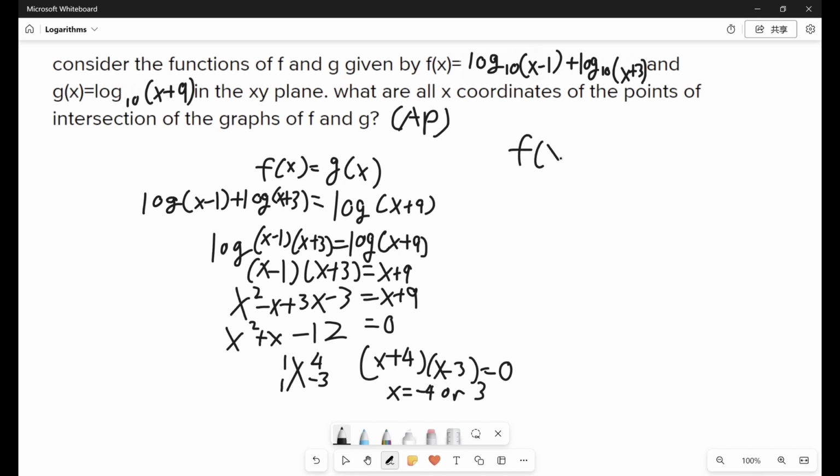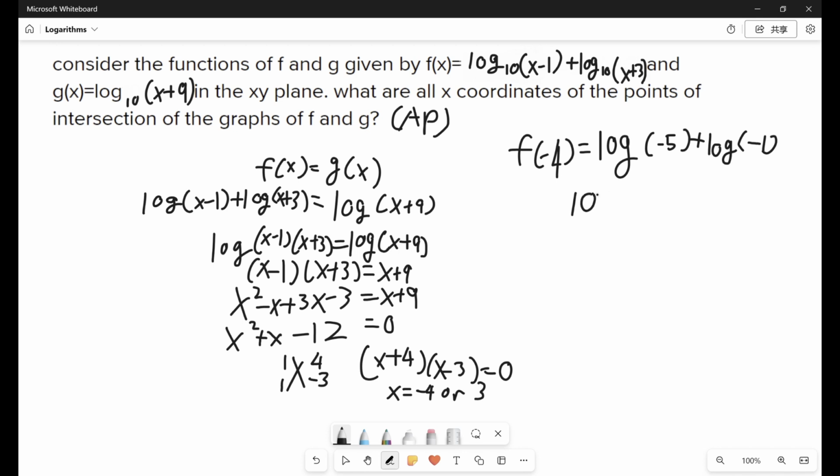So for f of x, if we plug x equals negative 4 in, f of negative 4 is going to be log of negative 4 minus 1, which is negative 5, plus log of negative 4 plus 3, which is negative 1. Now this looks okay, but there's a problem here, which is that this part of the log cannot be negative. It has to be positive.